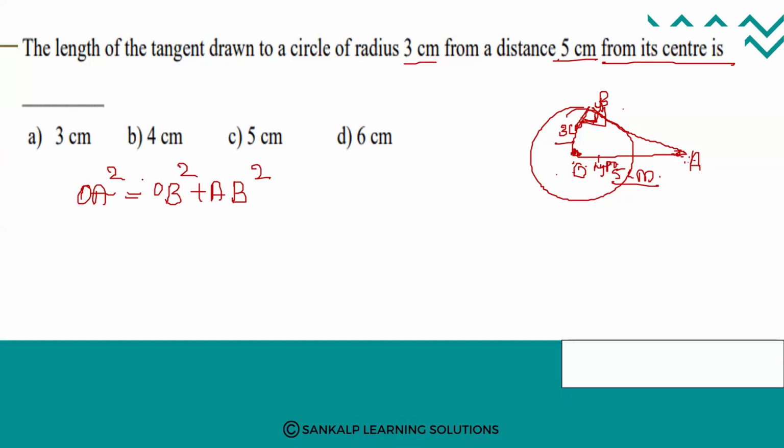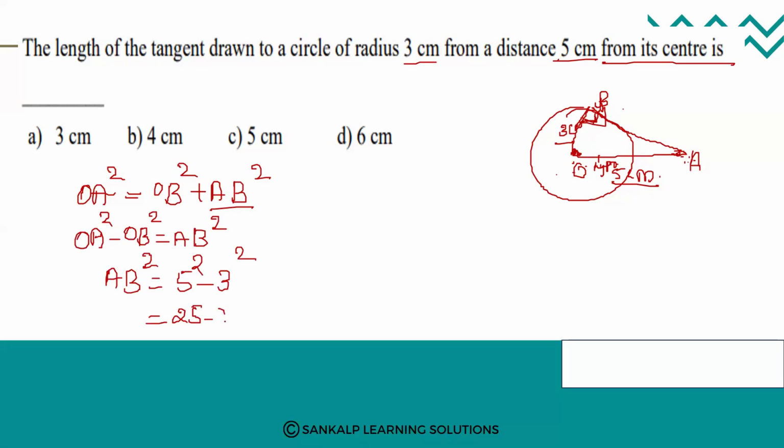Now, what we want is the AB value. AB value we don't know. OA is 5 centimeter. OB is 3 centimeter. But what we want is AB. So for that, I will transfer OB to this side. So OA square minus OB square is equal to AB square. Okay. So AB square is equal to 5 square minus 3 square. That is 25 minus 9.